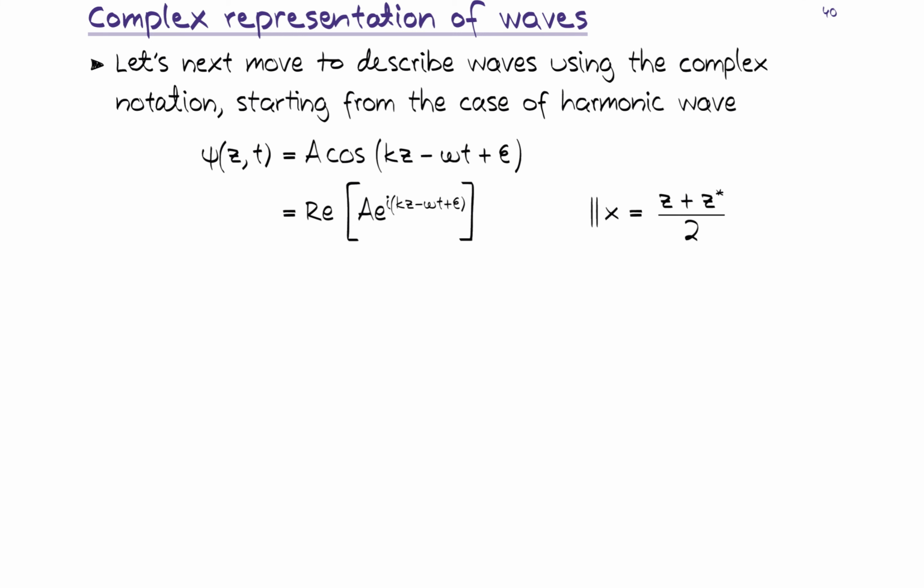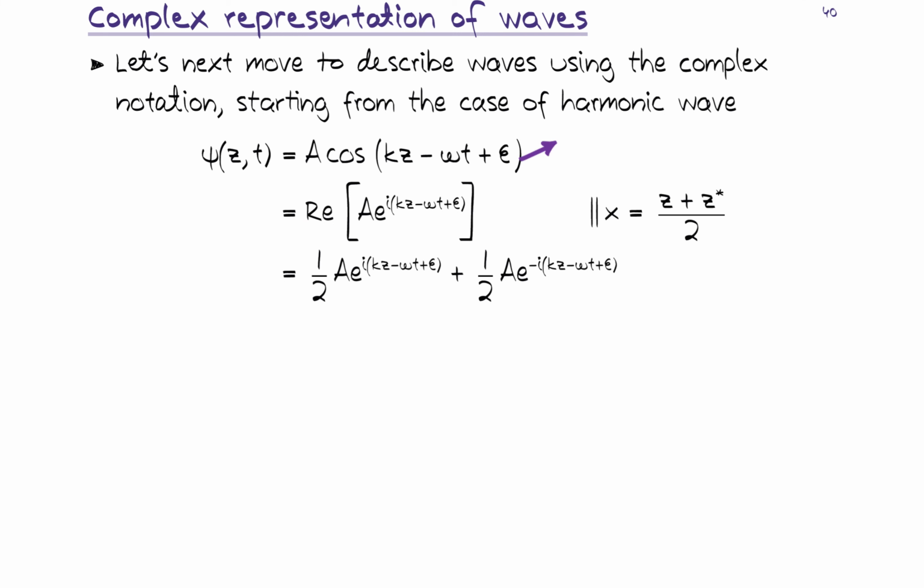Here, the real part can be calculated by adding the complex number with its complex conjugate, z star, and dividing by 2. Since we know this is the real part of this complex number, we can use this equation, and then we can write that this wave can also be written as 1/2 times the amplitude times exponent i kz minus omega t plus epsilon, plus the complex conjugate, so 1/2 times the amplitude A times exponent minus i and the phase function inside.